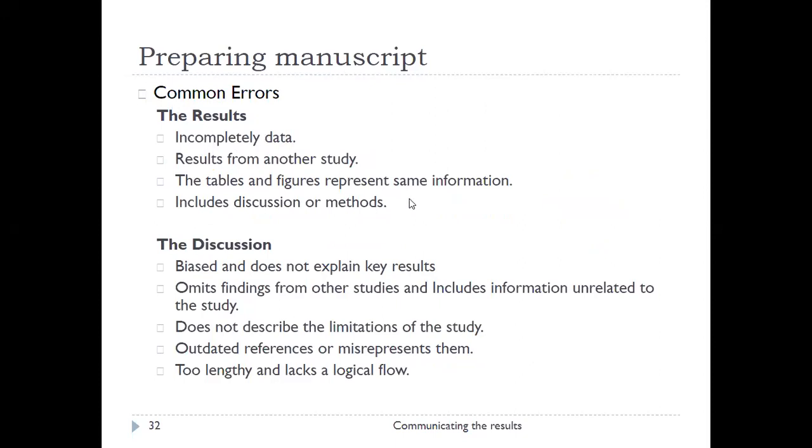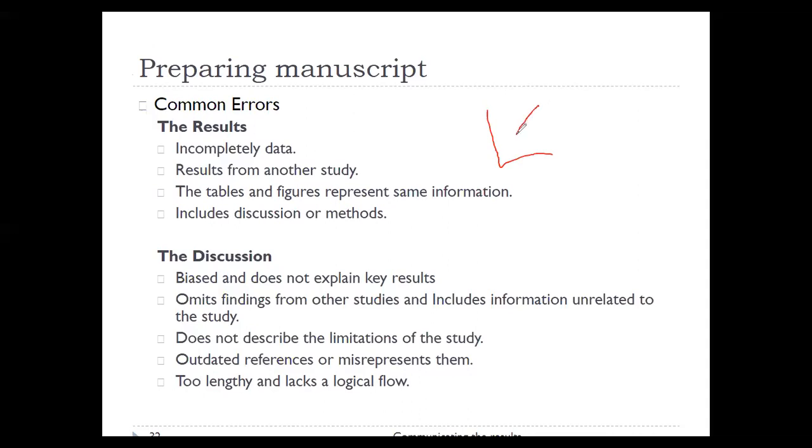The tables and figures present the same information. If you show in a table exactly similar information that is also visible in the figure, that is not good. For example, if a simple table shows a linear relationship and the same is seen in the figure, it is not required to give it in the table, because you are easily seeing it here. If there are some additional things, additional information, then only you can put it into the table. But the same information in the table and figure is not required.